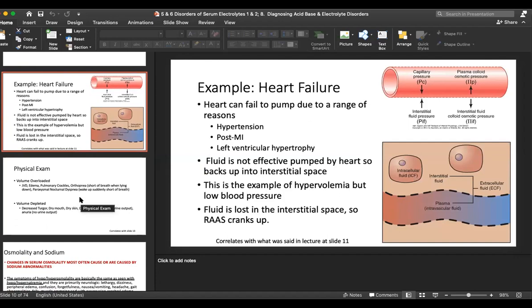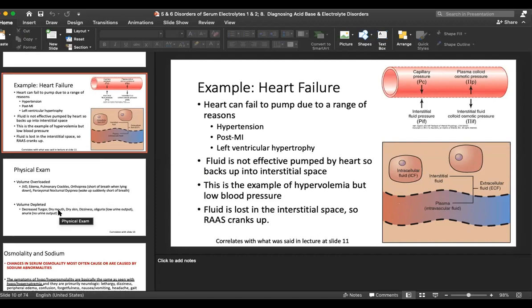So in the clinic, you may see patients with really big legs that have pitting edema. So this is an example of hypervolemia, but the actual volume is in the interstitial space. It's not in our cell, it's not going to be in our plasma, but it's right here in between, in the tissues.